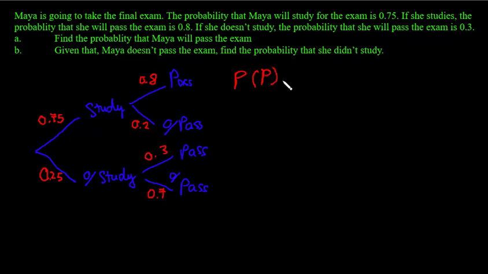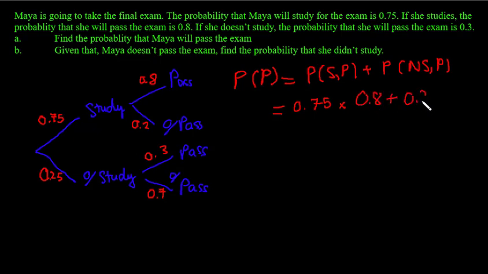Probability of pass equals P of study and pass plus P of not study and pass, which equals 0.75 multiplied by 0.8 plus 0.25 multiplied by 0.3, so we have 0.6 plus 0.075 equals 0.675.